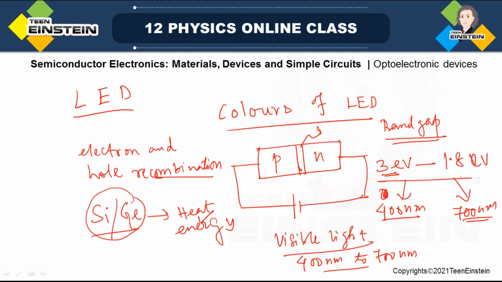As I said, pure silicon or germanium would not be an LED. Along with that, you have to use other materials like silicon carbide or cadmium sulfide, or gallium arsenide, gallium arsenide phosphide. Those materials are used in making LED.